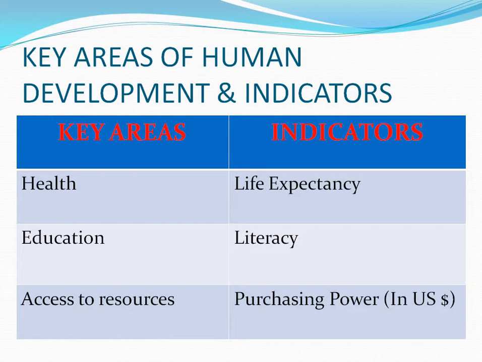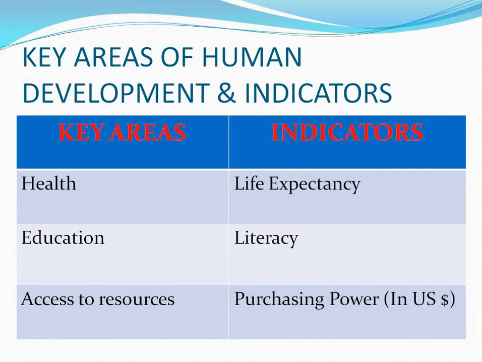Three indicators: life expectancy, literacy, and purchasing power. You can say it is per capita income or standard of living also. Health is indicated by life expectancy, education by literacy, and access to resources by purchasing power or per capita income or standard of living.